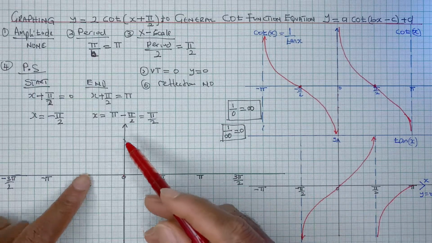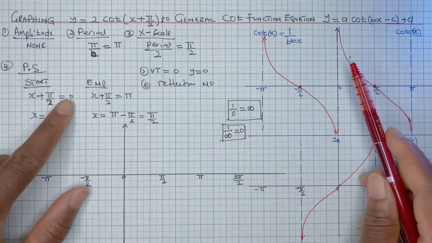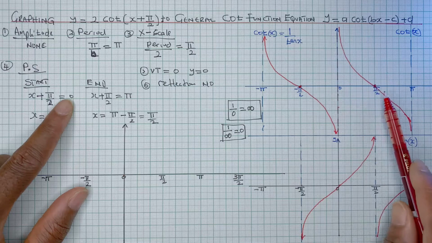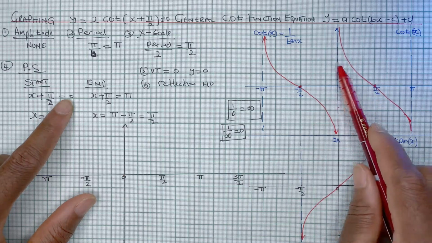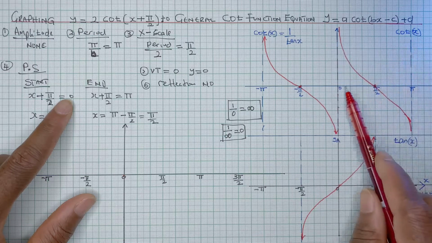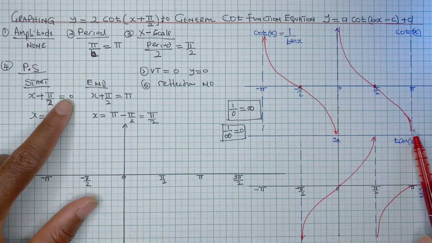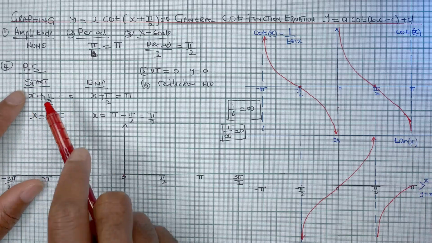So now to sketch the curve, you can see when we set this to 0, here it was the line of asymptote, right? And the line of asymptote was 0, so that's good. That's for cotangent. x equals 0 is a line of asymptote, and x equals pi is a line of asymptote. Now we set the same thing here.